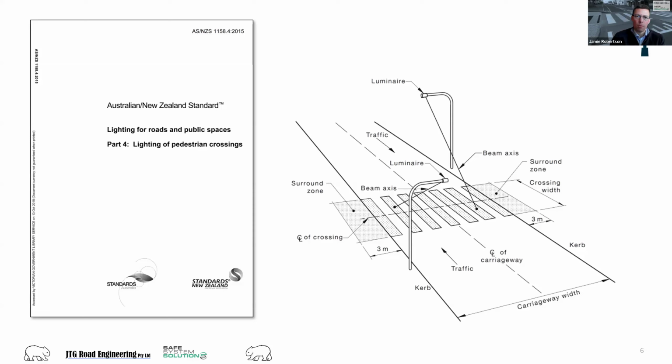This is a requirement at any crossing where we have flashing lights, and may be a requirement at your crossing sites, particularly on more major roads. So the road controlling authority should advise the applicable lighting category and whether or not supplementary lighting is required at a particular location.